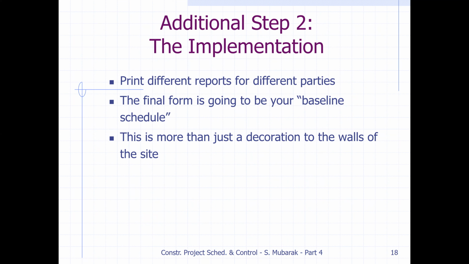When you finalize the schedule according to the bill of quantities and the original contract that you signed with the owner, that schedule is called the baseline schedule. Based on this baseline, everything will be considered. If there are any changes or delays, every later revision of the schedule will be compared with the baseline schedule.